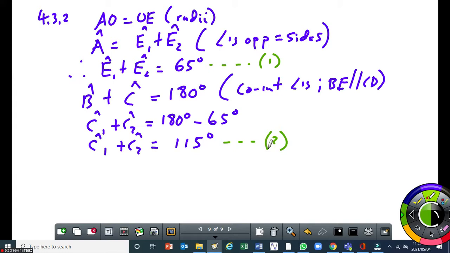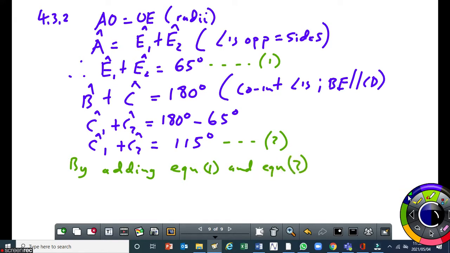Now, if I add equation 1 and equation 2, that is if I add the left hand side and the right hand side, I'll get C1 plus C2 plus E1 plus E2 is going to give me 180 degrees.